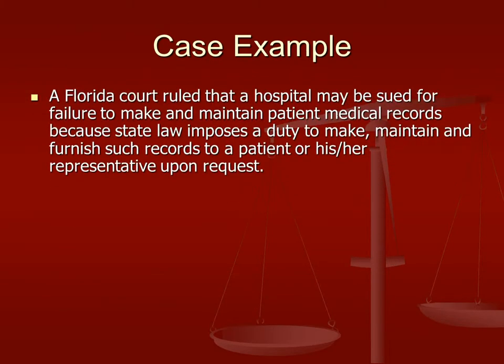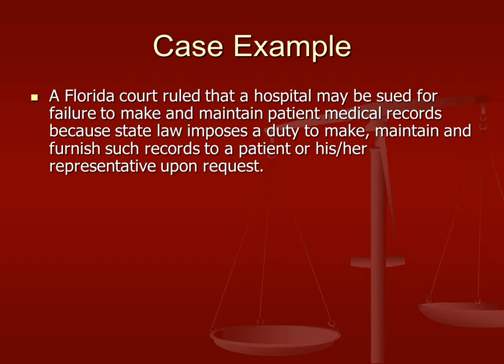Now let's give an example. This is a really good example, and it is in your book. A Florida court ruled that a hospital could be sued for not making and maintaining a patient's medical records because there's a law on the books that imposes a duty to make, maintain, and furnish copies of the record to a patient and or his or her representative upon request.